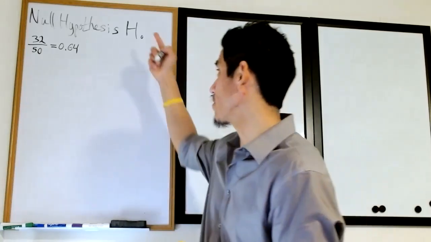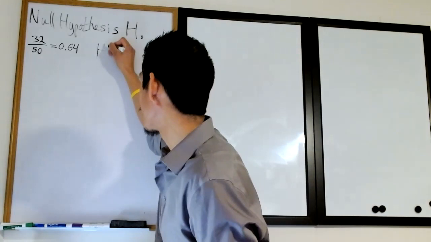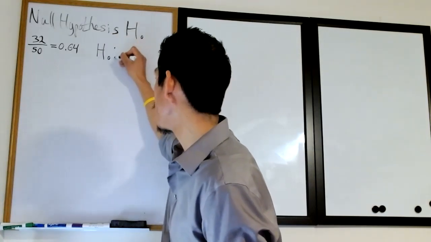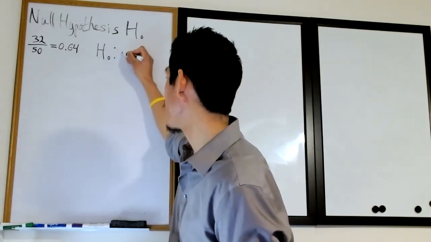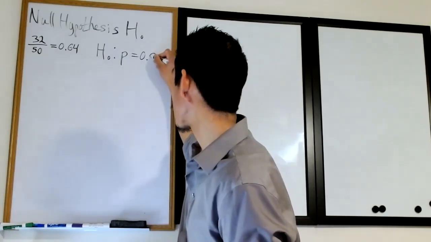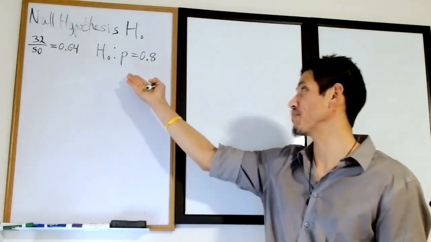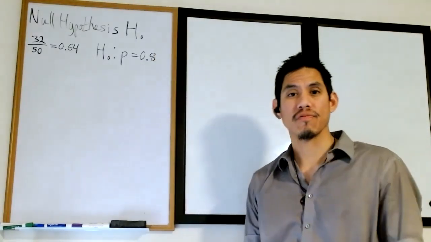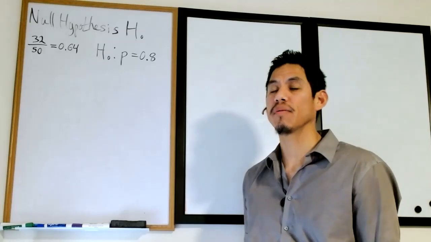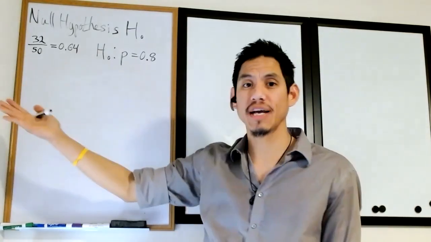In other words, your null hypothesis is that p, your true proportion of made free throws, is 0.8. That's what you're claiming. That's why he put you in the game, because you claimed that your free throw proportion is 0.8, but you only made 64% of them in the game, and you guys ended up losing.